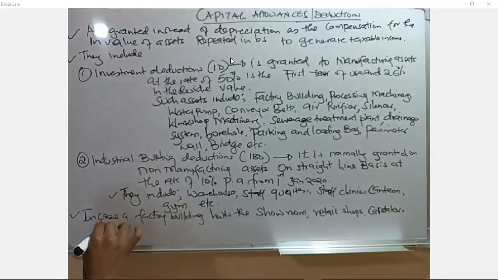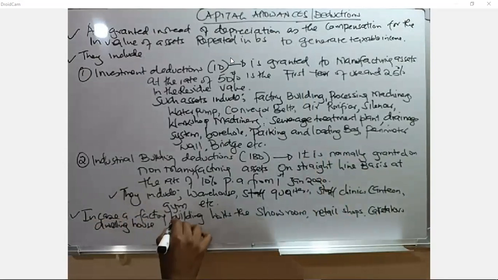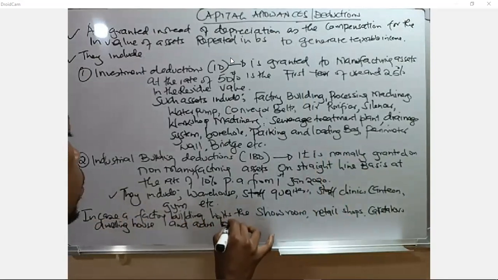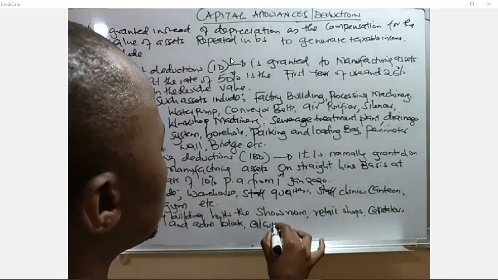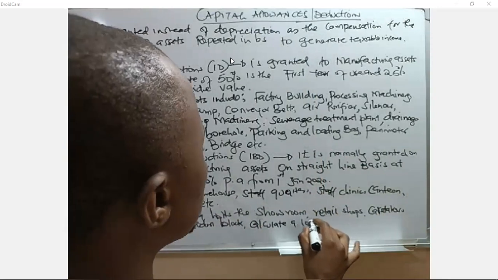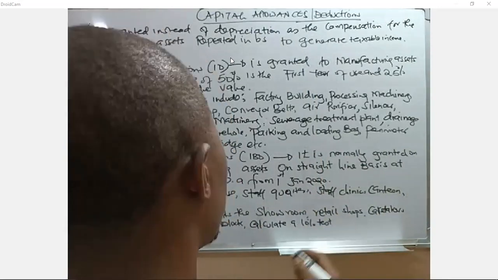Caretaker's dwelling house and administration block. I'll be able to tell you, calculate a 10% test, right?